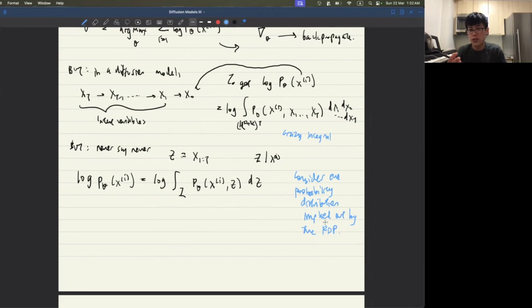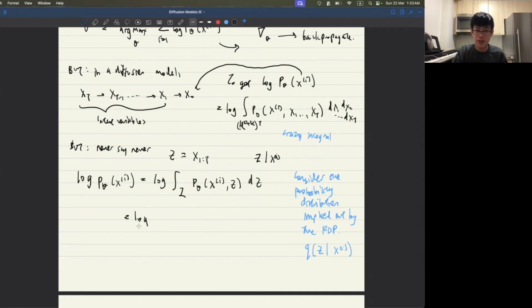The forward diffusion process implies a probability distribution, and we can write it something like q(z given x0). Given x0, we can just inject noise, get the joint probability density of all the latent variables, and that is going to be q. And this helps us a bit in tackling this integral in the middle, because right now this integral is over a joint probability density over both the latent and the observed variables. But it is really nice to write it out in q, because q is something that we understand.